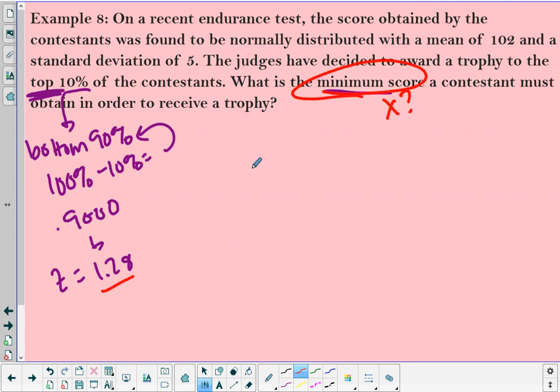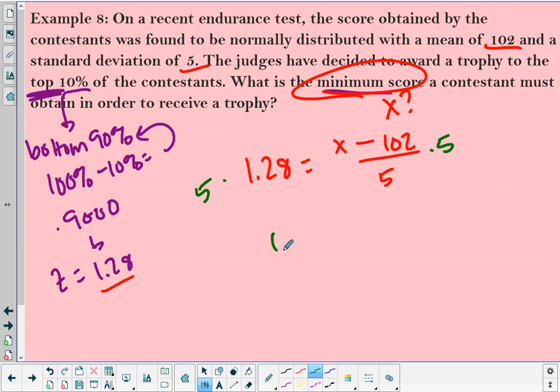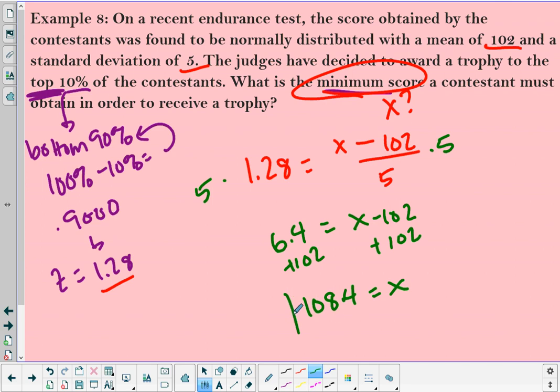So I need to plug this into my formula again. 1.28 is equal to x minus the mean of 102 divided by the standard deviation of 5, and work your way out of it to get x by itself. Multiply by 5. That gives you 6.4 is equal to x minus 102. Add your 102, and you get 108.4 is equal to x.